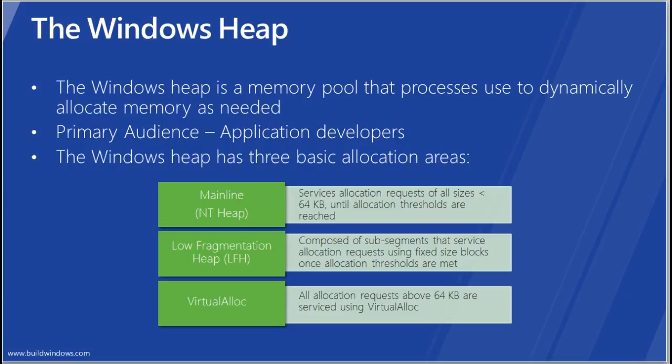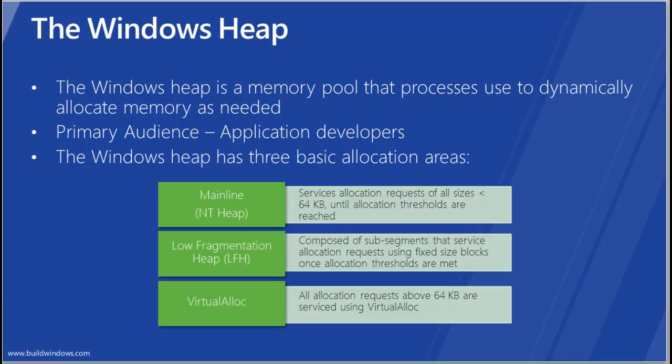Once those allocation count thresholds are reached on a per allocation size basis, subsequent allocations will be placed within the low fragmentation heap. The low fragmentation heap uses subsegments, which you can think of as chunks of blocks all of the same size. For example, we might have a subsegment that contains 100 8-byte blocks.